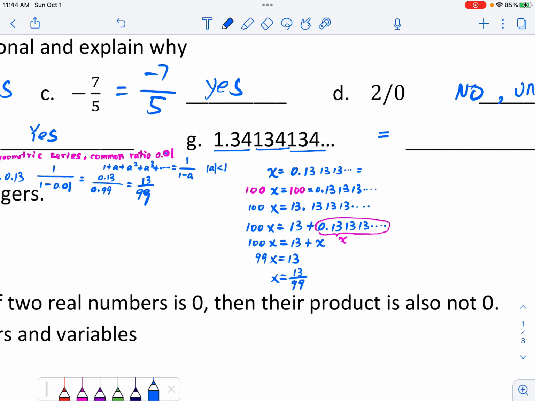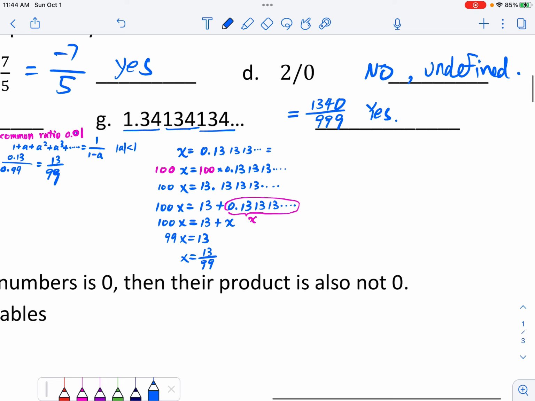And here's the answer. This is equal to 1340 divided by 999, so I can say yes. Now pause the video if you don't want me to spoil the answer for you, and find the two integers whose ratio is equal to this number.